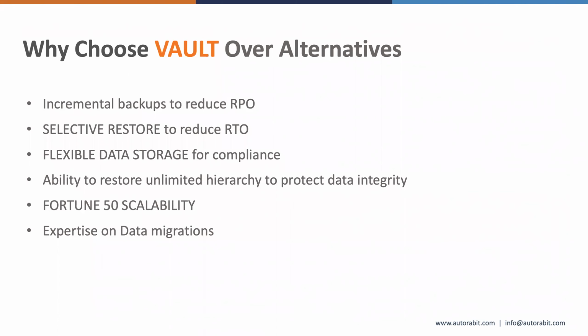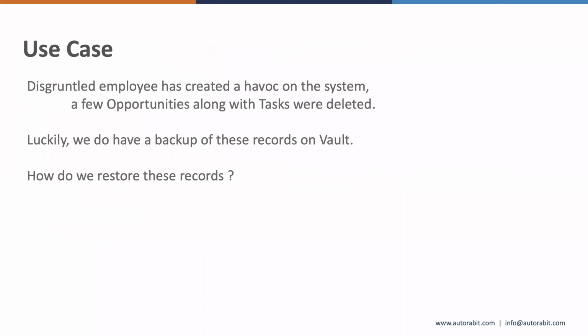Now, let's look into the use case. One particular use case probably resonates with most of you, or a small variation of it: you have a disgruntled employee, or a tired employee, or by accident someone can create havoc.